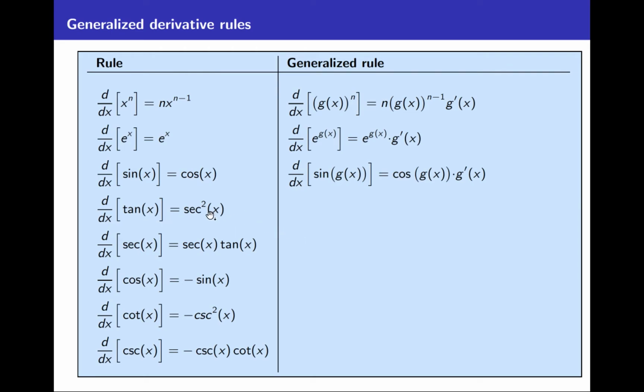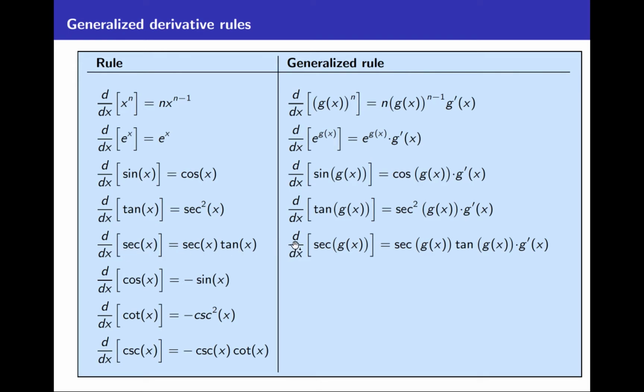Likewise, there's a rule that generalizes the derivative of tangent. Corresponding to this rule is the derivative of tangent of g of x equals secant squared g of x times g prime of x.